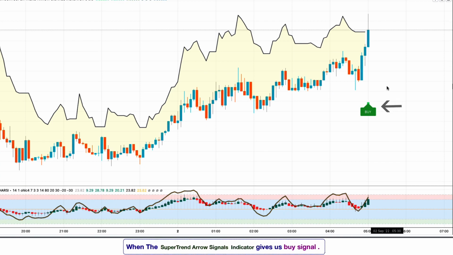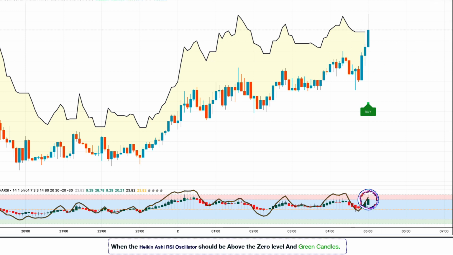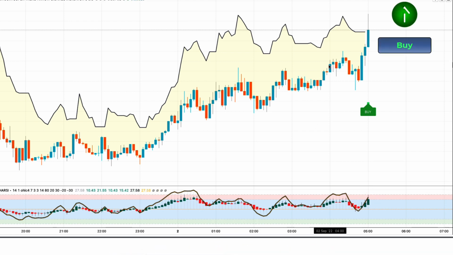When the Super Trend Arrow Signals indicator gives us a buy signal, the market should make two bullish candles for confirmation, while the Heiken Ashi RSI oscillator should be above the zero level with green candles. If this condition is fulfilled, then we will place a buy order.